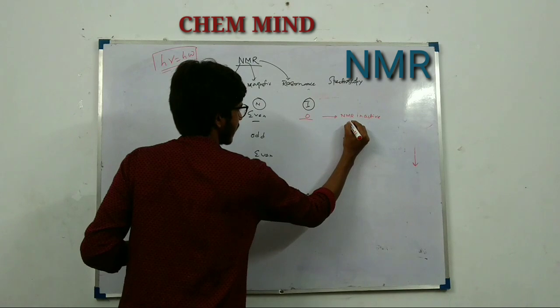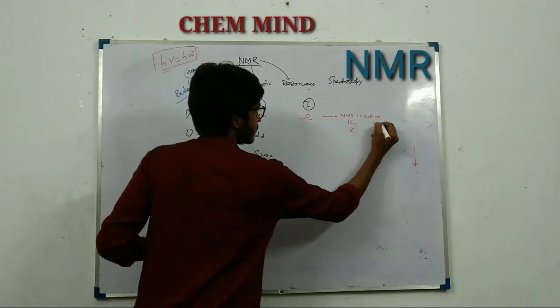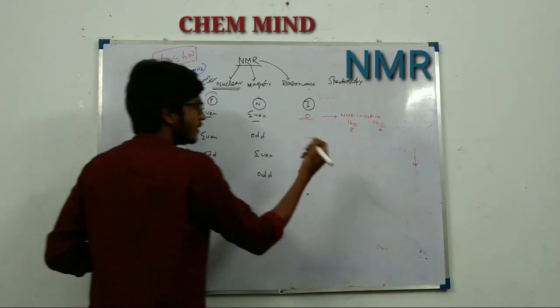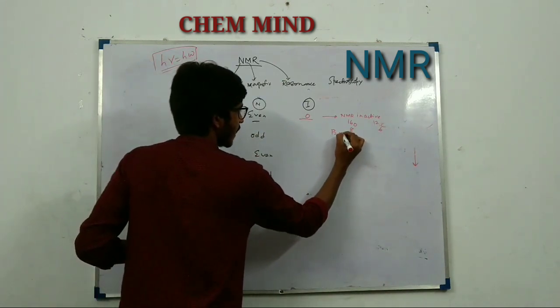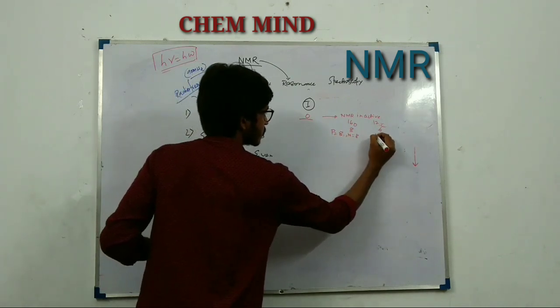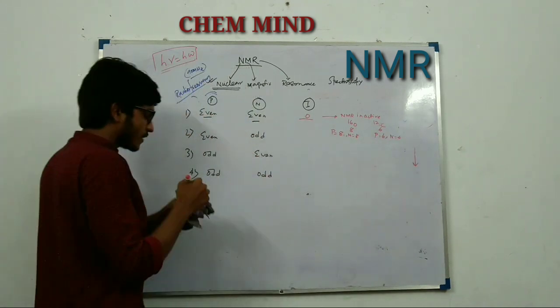Like 16O8 and 12C6. For 12C6, the proton number is 6 and the neutron number is 6.